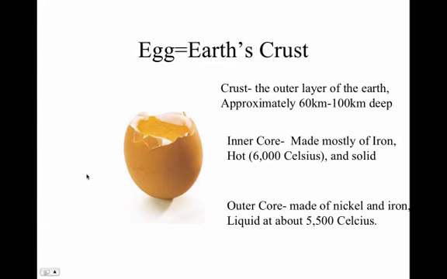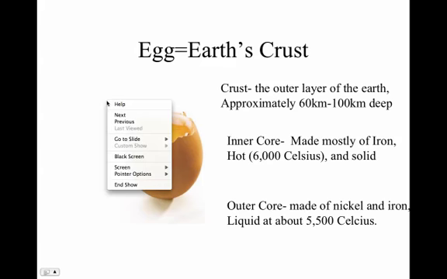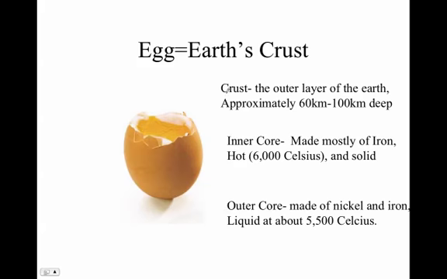An egg actually has some distinct layers. It has the shell, which for the earth would be called the outer crust, and the shell can be cracked and so on.